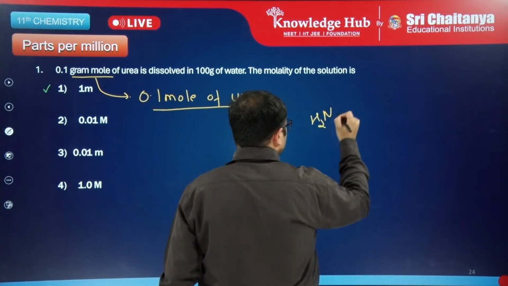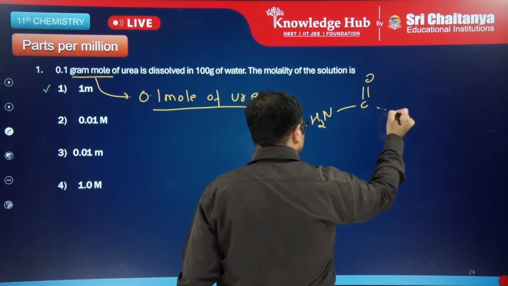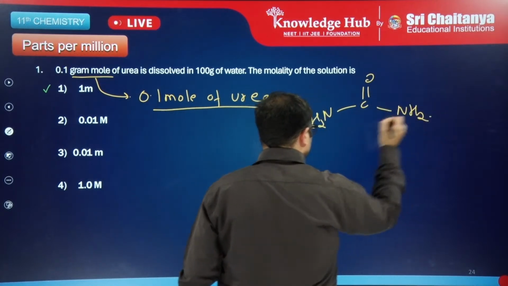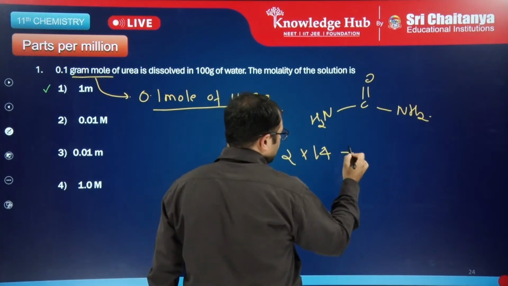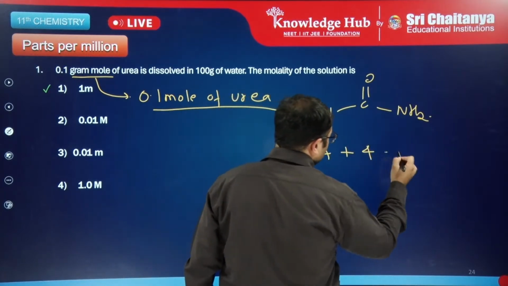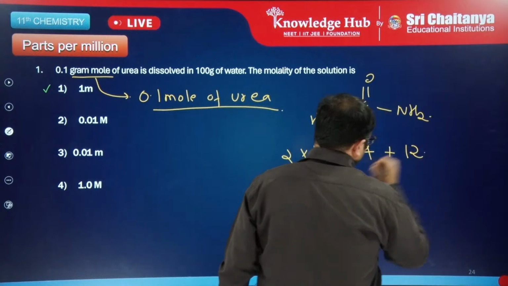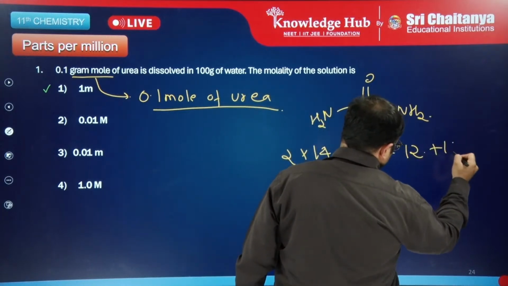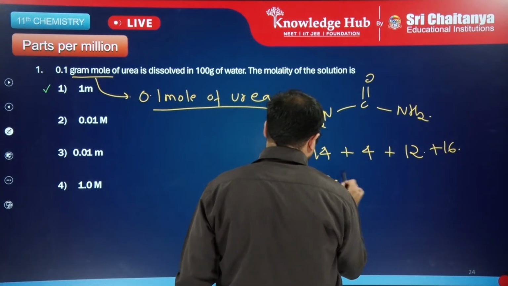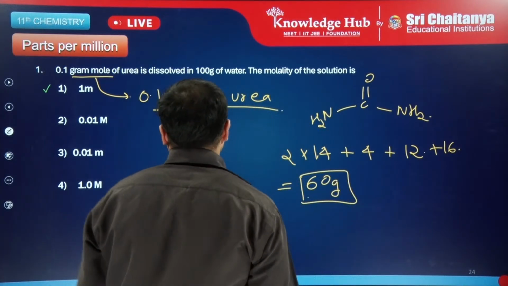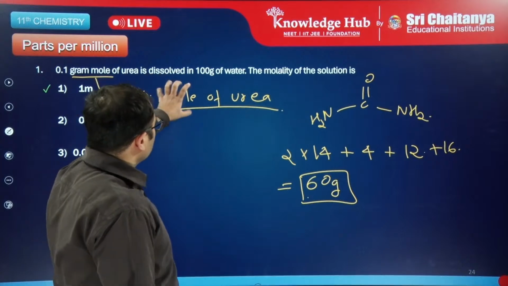Urea looks somewhat like this, right? So it will be 14, 2 nitrogens plus 4 hydrogens plus 1 carbon plus 1 oxygen. If you add them up, you get around 60 grams as the molecular weight of urea.